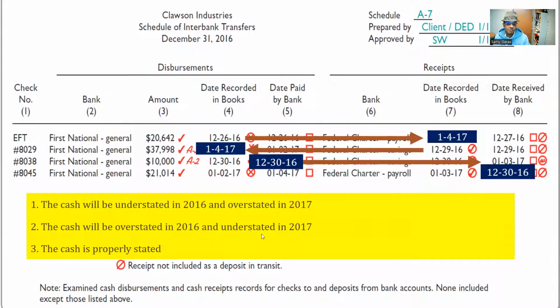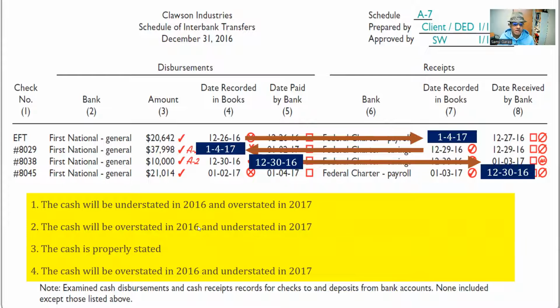This will create a problem by making 2016 overstated and 2017 understated. You might ask why. Because if the bank receipt happened in this year, it will show up in the bank reconciliation, which will end in overstatement because it's a bank receipt. So it will increase the balance of 2016 and decrease the balance of 2017.